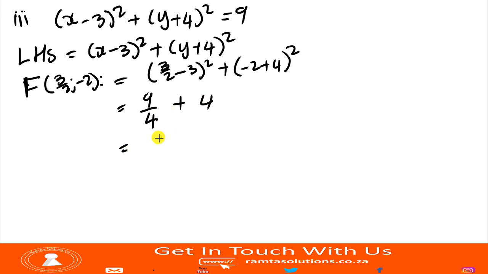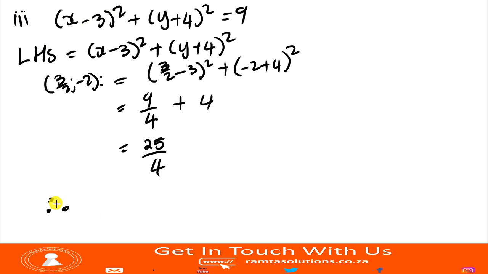And this therefore becomes 16 over 4. Wait. This is 9 plus 16, which is 25, so this is 25 over 4. It wasn't point F. My mistake, I'm sorry I used point F. It was just a point.